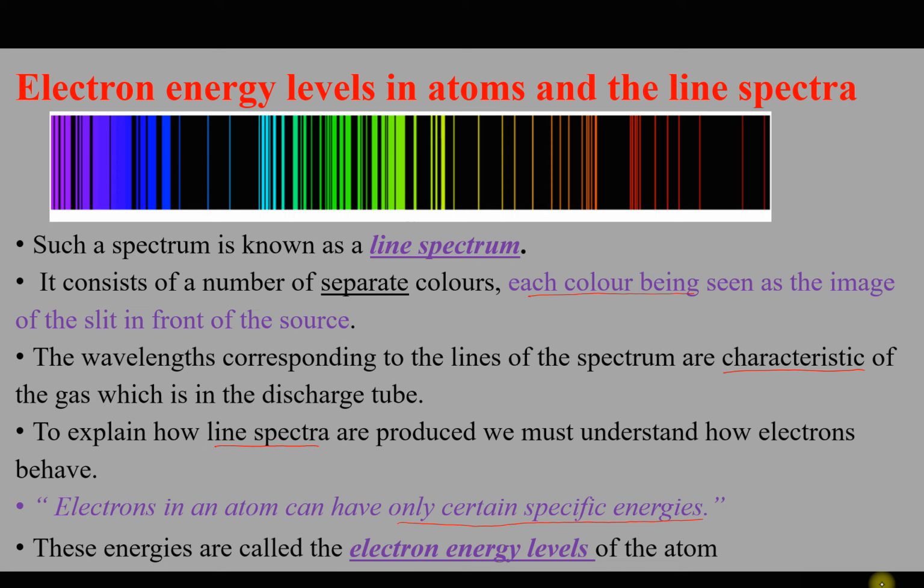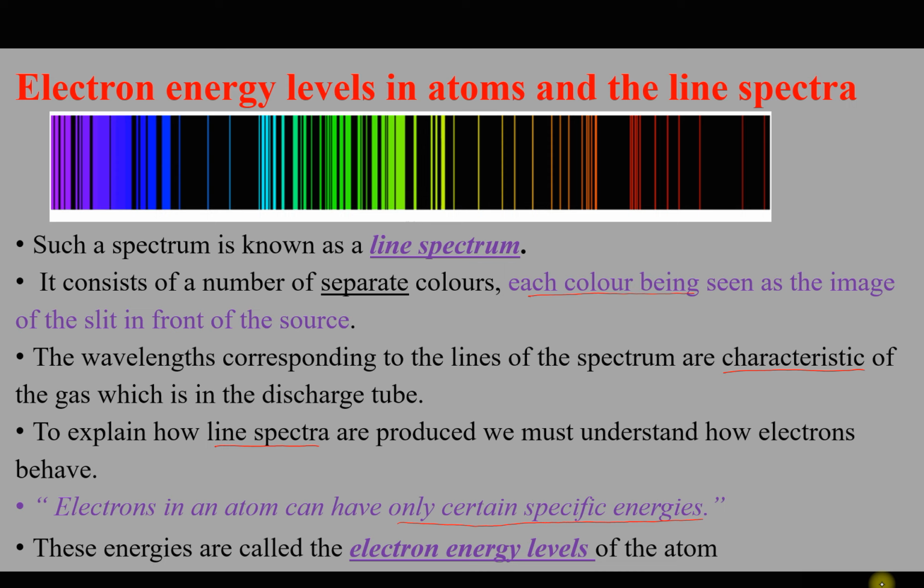Rutherford's model did not explain why the line spectra are observed. But Niels Bohr's model tried to explain why the line spectra are produced when light which passes through a gas at low pressure is passed through a diffraction grating.